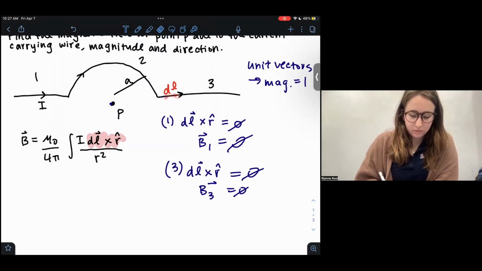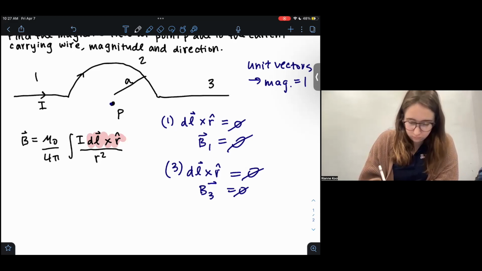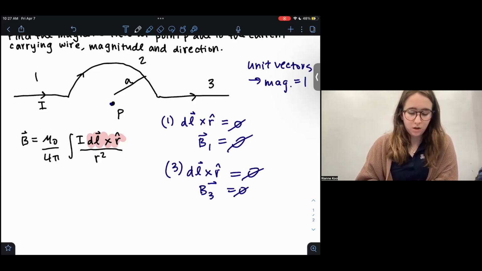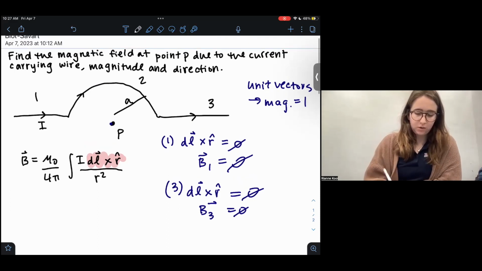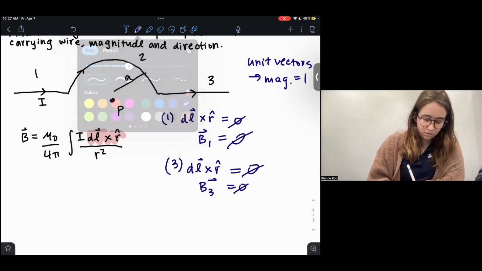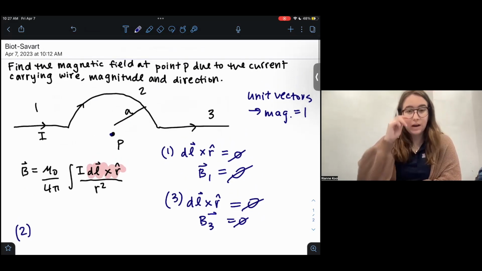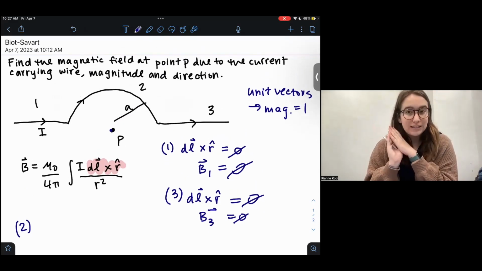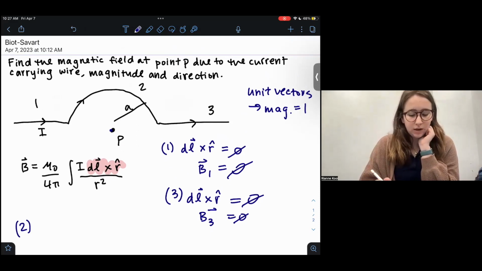So now let's look at 2. So we have our curved surface of radius A, and our dl.